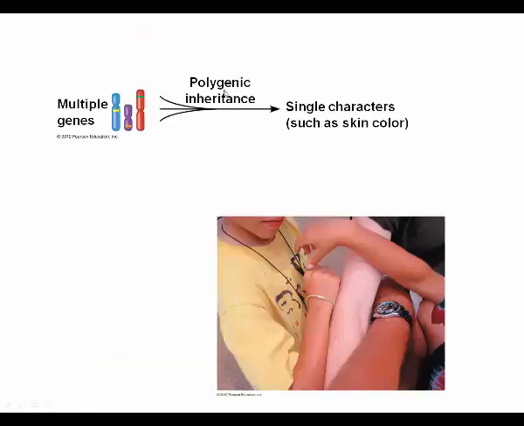So in the case of polygenic inheritance or quantitative inheritance, multiple genes affect one character, such as skin color. This is basically the opposite of pleiotropy, where one gene caused multiple phenotypic effects or affected multiple characters.